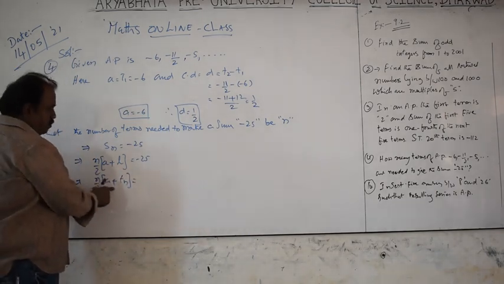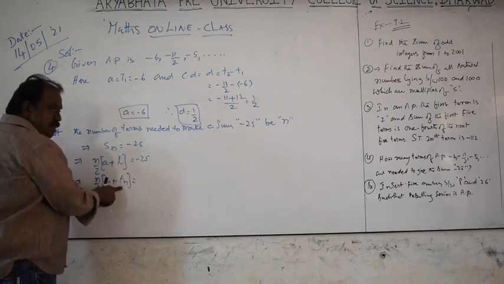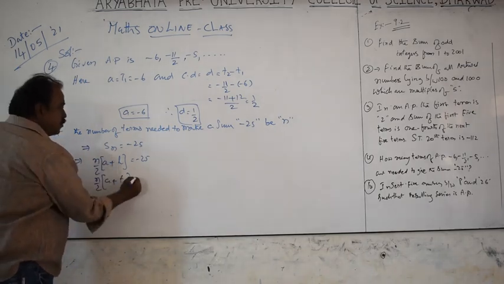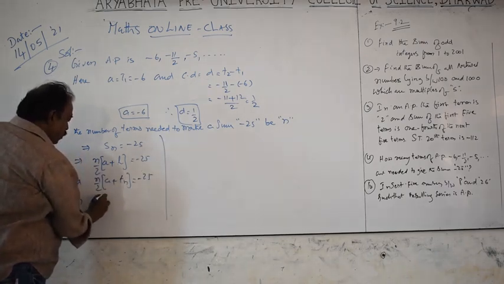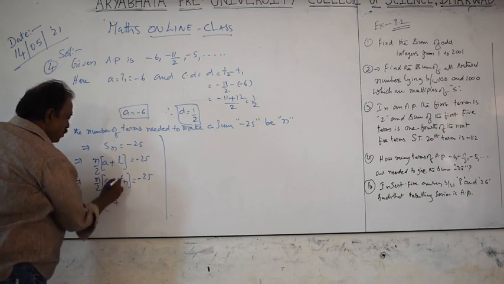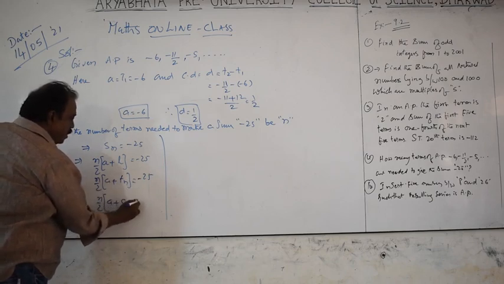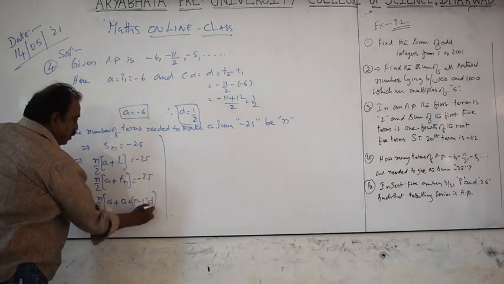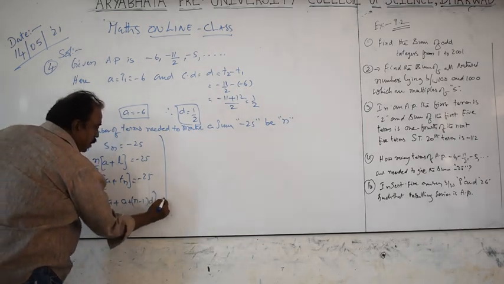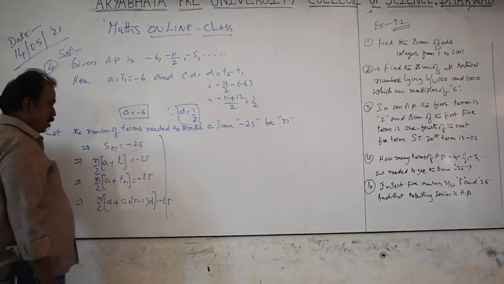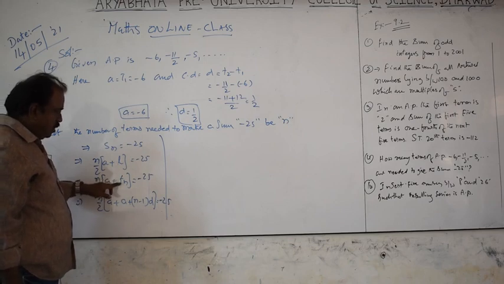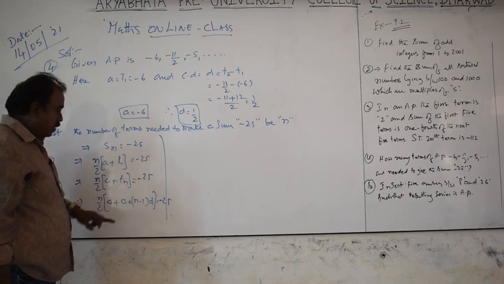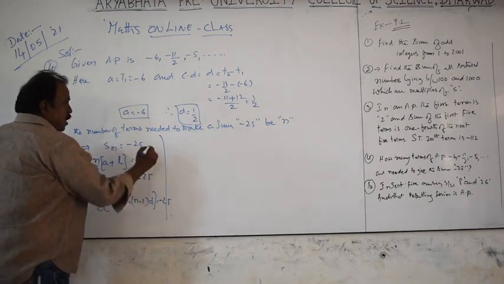Tn means last term, nth term, is L. So n by 2 of A plus Tn is minus 25. Tn is A plus n minus 1 into d. T10 means A plus 10 minus 1 into d. The formula is there.